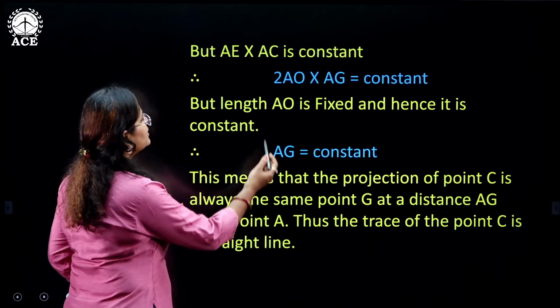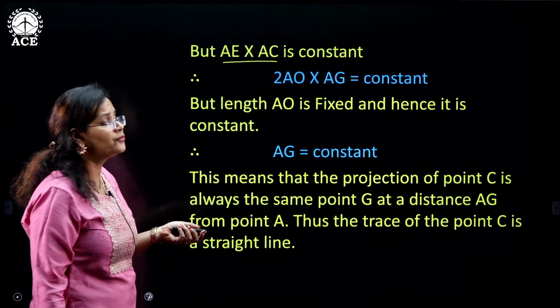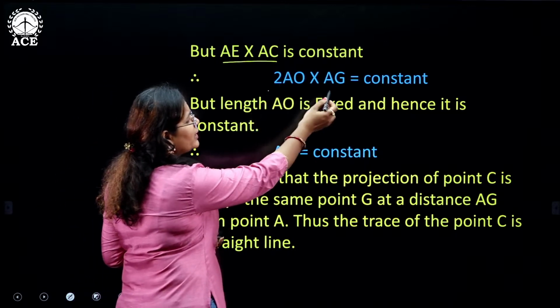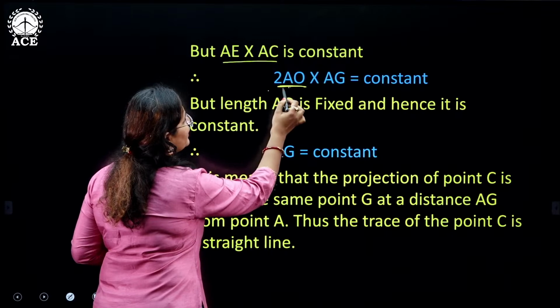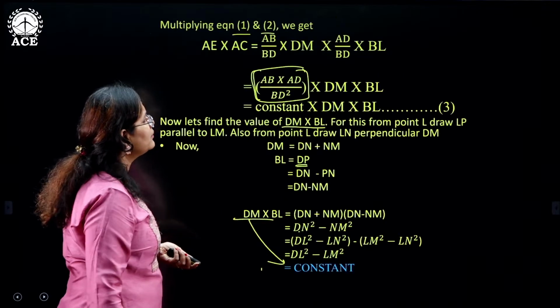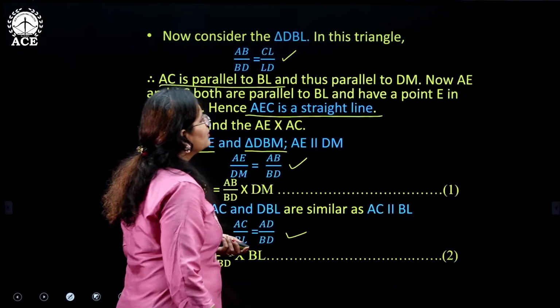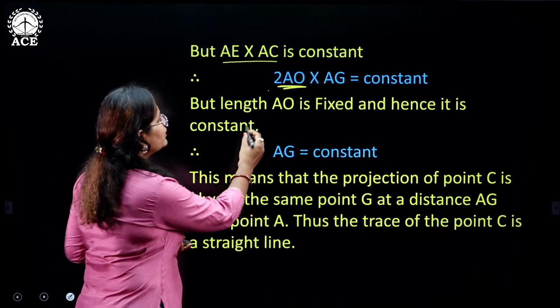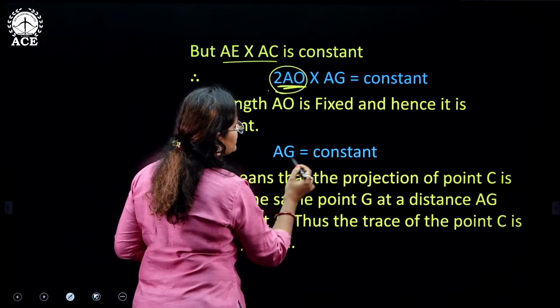So 2AO into AG is equal to, we know that AE into AC is constant, already proved earlier. So I can write 2AO into AG is equal to some constant. But length AO is already fixed, because we have seen in the diagram, AO length is already fixed here. If this particular term is fixed, definitely AG is going to be constant.